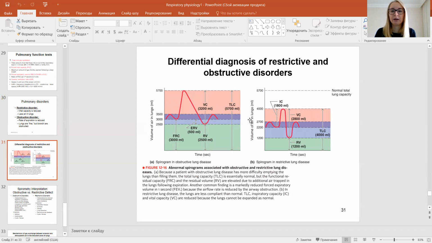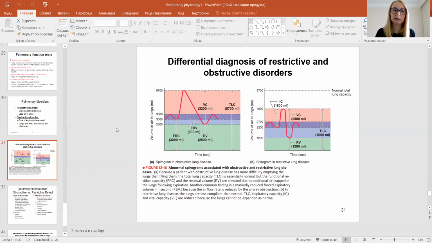So here you have two spirographies of two different persons. On the left graph, you see the spirography of a person with obstructive lung disease, and on the right graph, you see the spirogram of a person with restrictive lung disease.